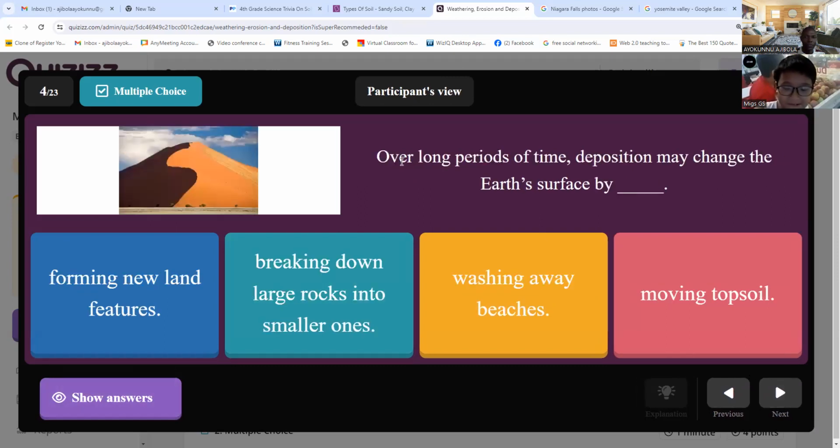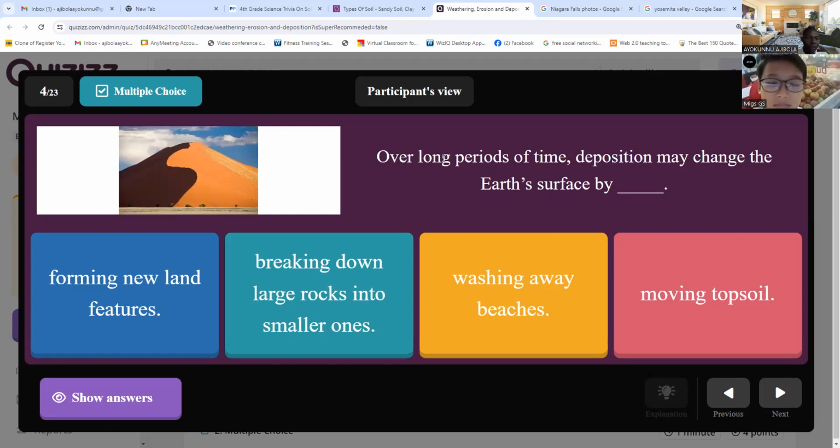Then over long periods of time, deposition may change the Earth's surface by dash. You know, we talk about deposition. It may change the Earth's surface by doing what?